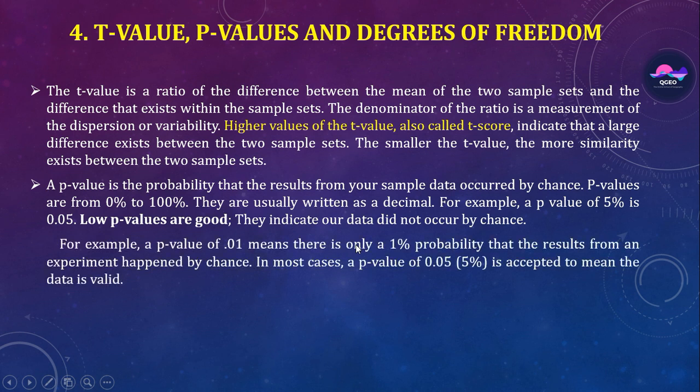For example, a p-value of 0.01 means there is only 1% probability that the result from an experiment happened by chance. In most cases, a p-value of 0.05, that is 5%, is accepted to mean the data is valid.